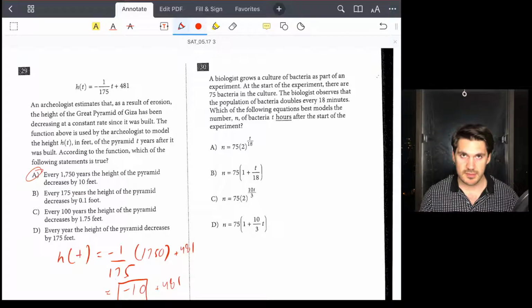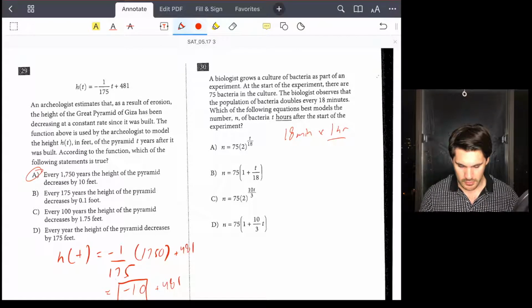The problem is the answer choices are in hours, right? Because t is hours. So we need to convert 18 minutes to hours. So we're going to take 18 minutes multiplied by 1 hour over 60 minutes. Minutes cancel out. So this means that we're going to have 18 over 60. So it's going to be 0.3 hours.